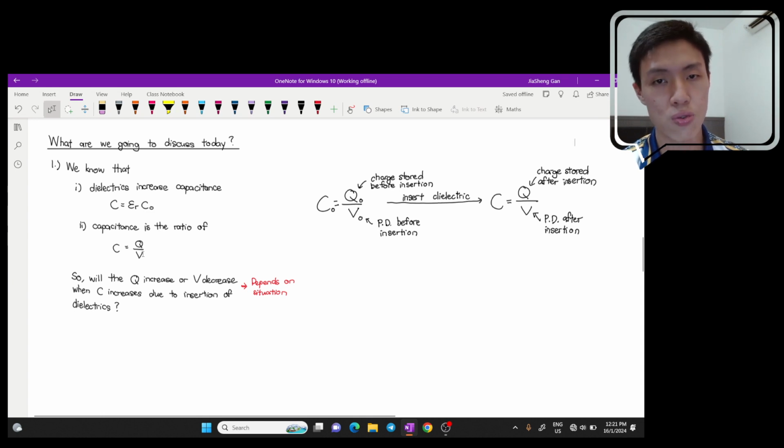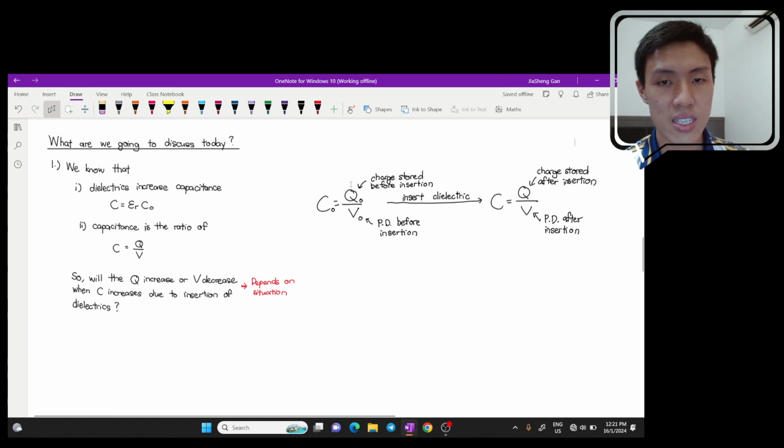So it's a ratio of Q to V. If we increase the capacitance by inserting a dielectric, the increase in capacitance must affect either Q or V. So will it be Q that increases along with C, or will it be V that decreases when C increases due to the insertion of the dielectric? That's the topic we want to discuss in this video.